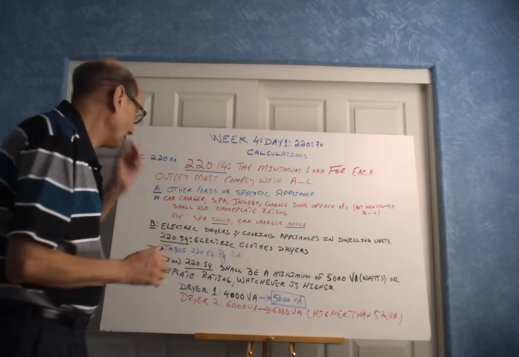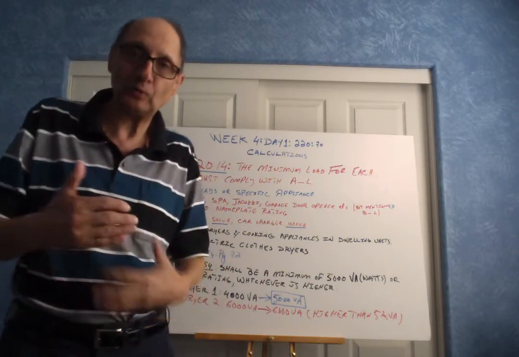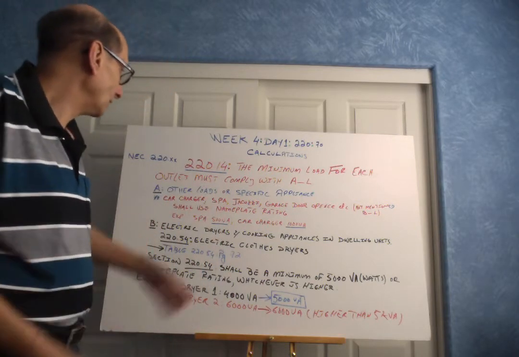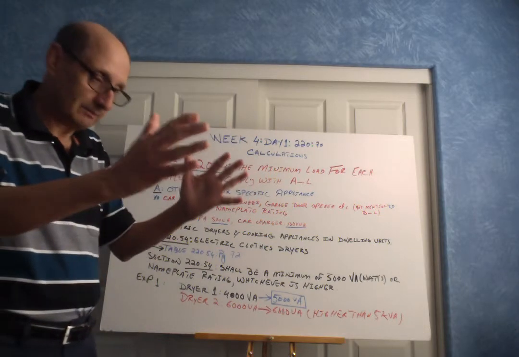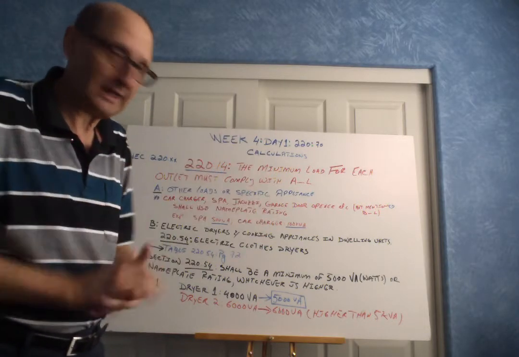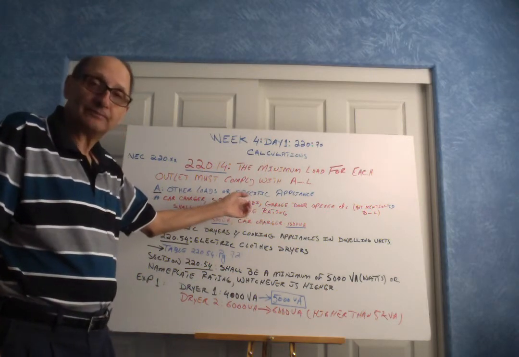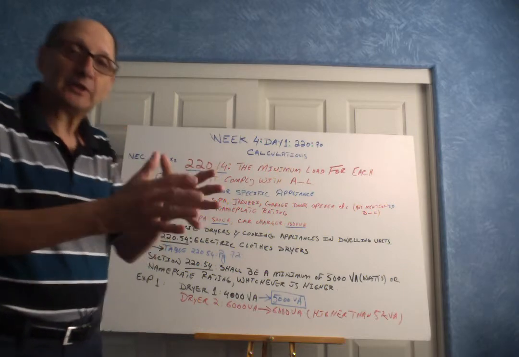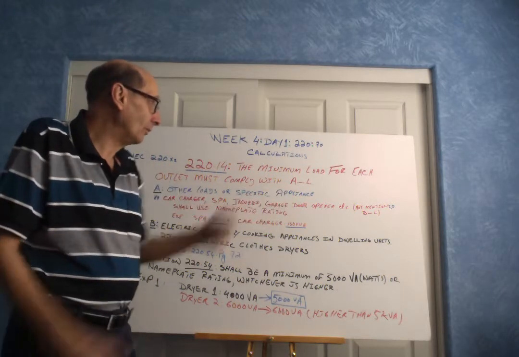The second appliance that you are going to see over here is the spa. This spa is not listed between sections B through L. Third one is jacuzzi. That is not going to be listed in sections B through L. Garage door opener.